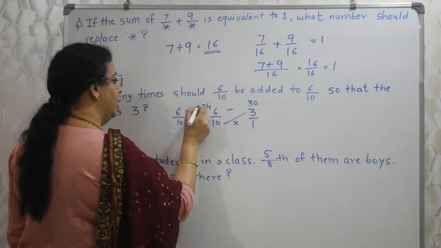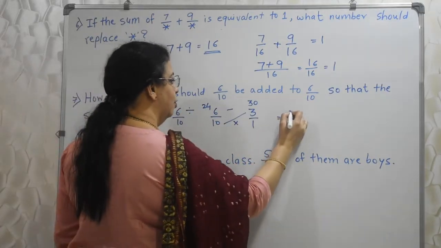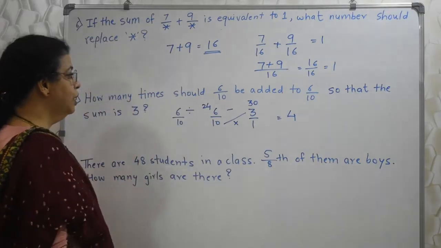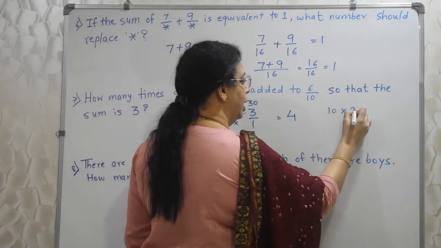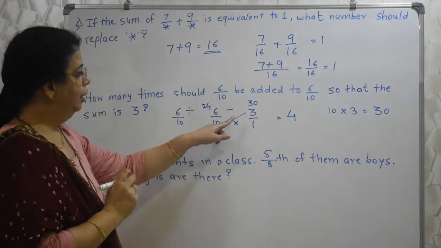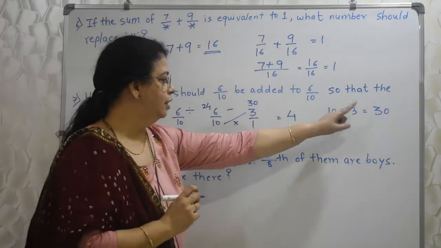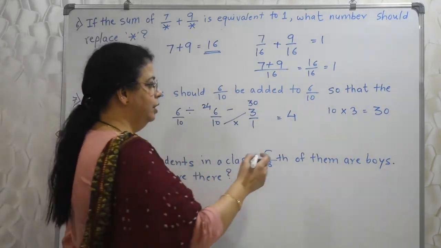Then you divide by this. 24 divided by 6, what is the answer? 4. So first what I did? Middle 10. 10 into 3 I did. I got the answer 30. 10 into 3 I did. Answer is 30. Then I divided 30 by this next number 6.